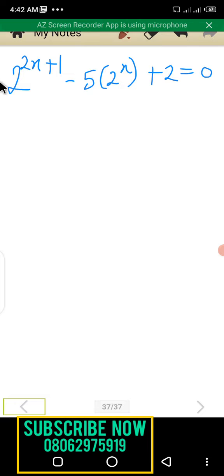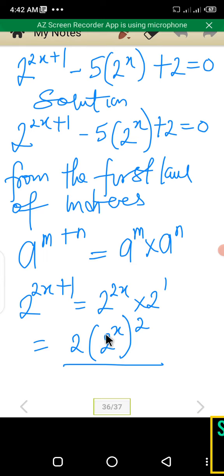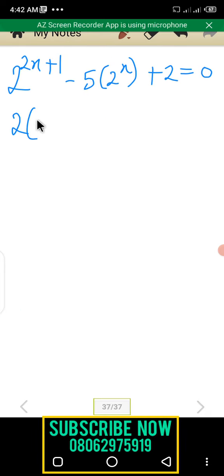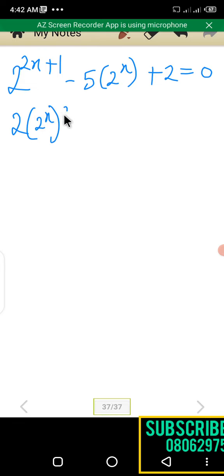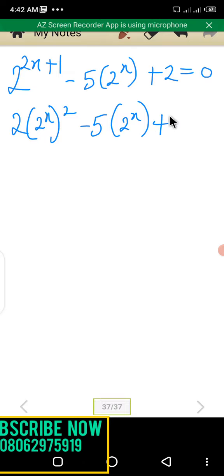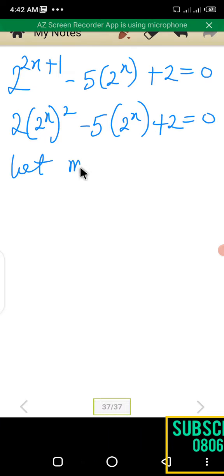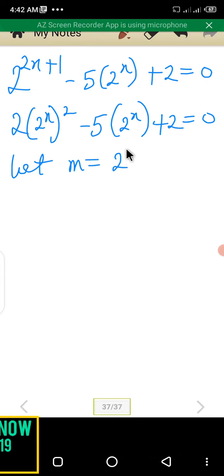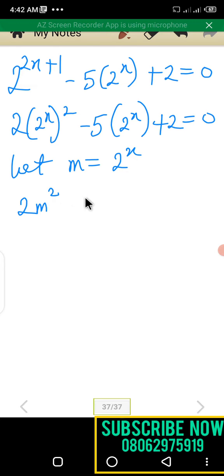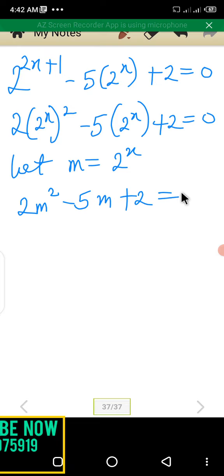Since you're able to rewrite this in another form like this, therefore you have 2 onto 2 raised to power x all squared minus 5 raised to power 2x plus 2 is equal to 0. Let m is equal to 2 raised to power x. So we have 2m squared minus 5m plus 2 is equal to 0.